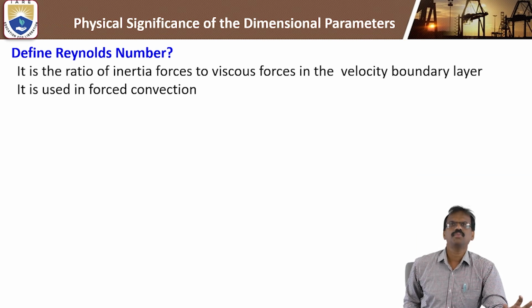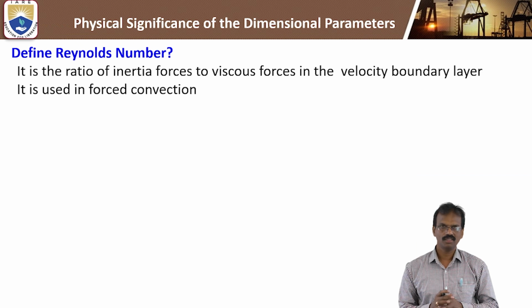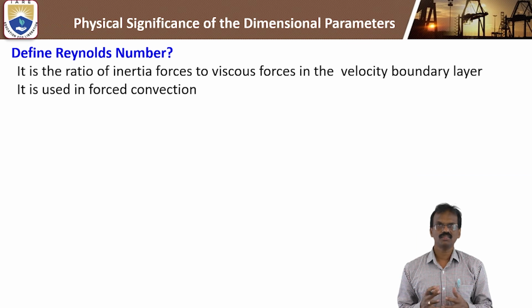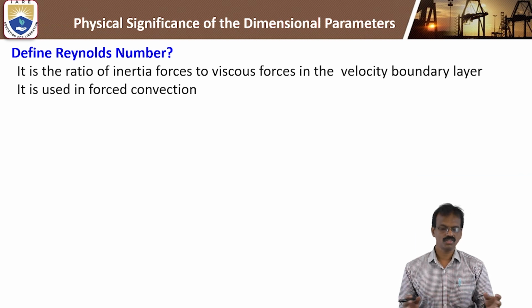So this is the importance of dimensional analysis. With the help of dimensional analysis, we can change the variables in convection into dimensionless numbers, such as the Reynolds number, Prandtl number, and Grashof number.